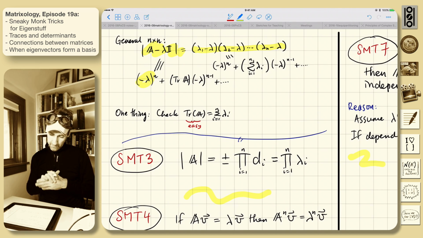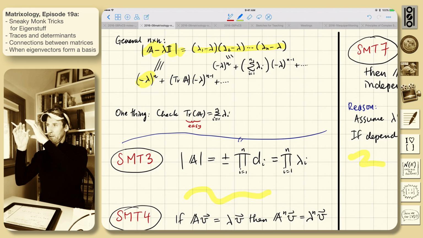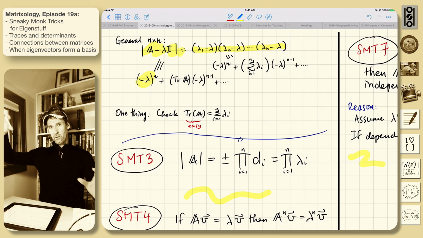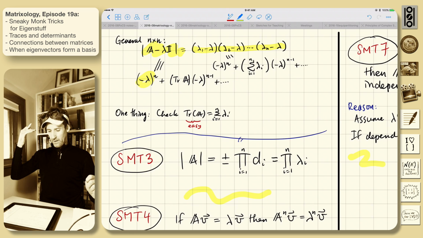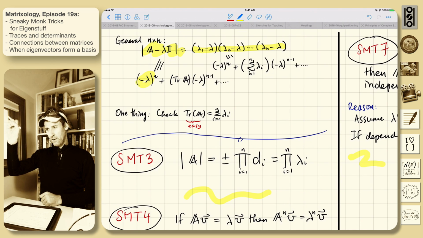At the same time, there's going to be the main diagonal elements minus lambda, so a11 minus lambda, a22 minus lambda, a33 minus lambda. Those things are all multiplied together at some point, and the only way to get all of the powers of lambda to the n is from that product, and the only way to get lambda to the power of n minus 1 is also by choosing n minus 1 of those lambdas, and then the a11 or the a22 or the a33.